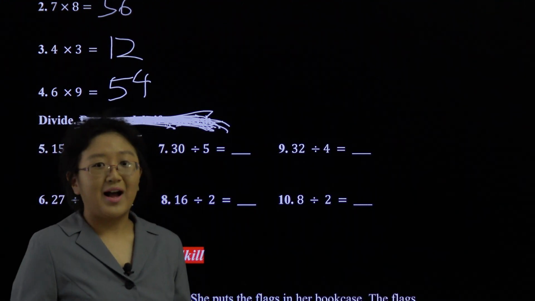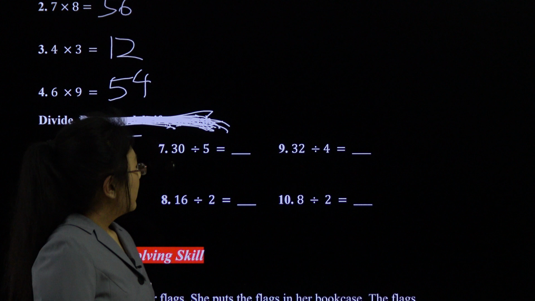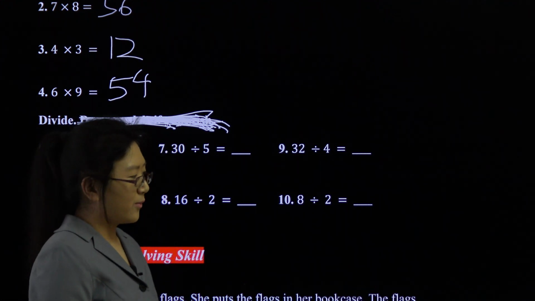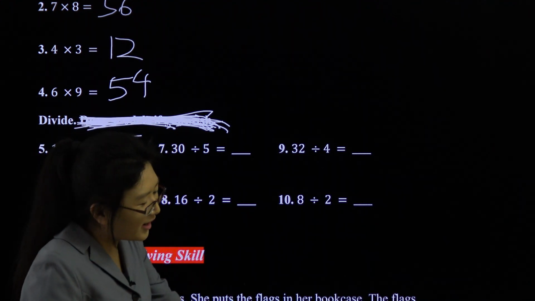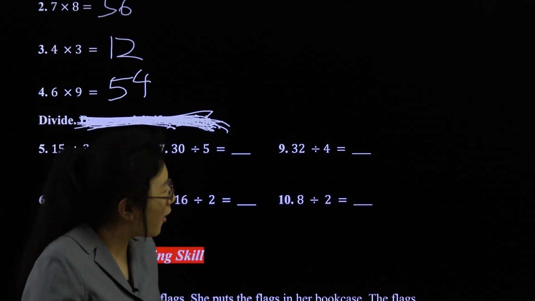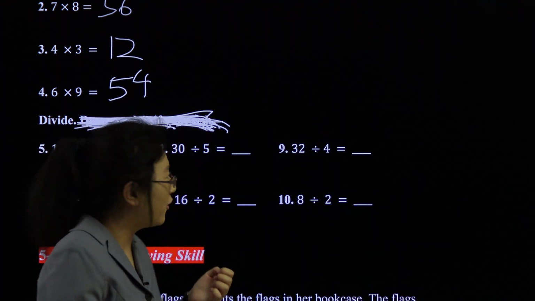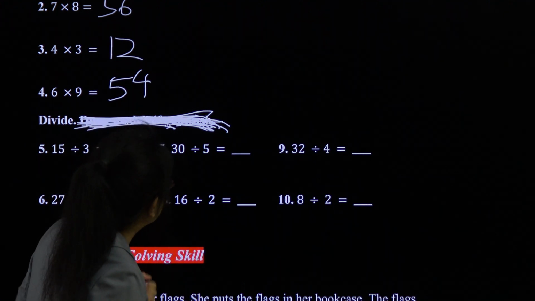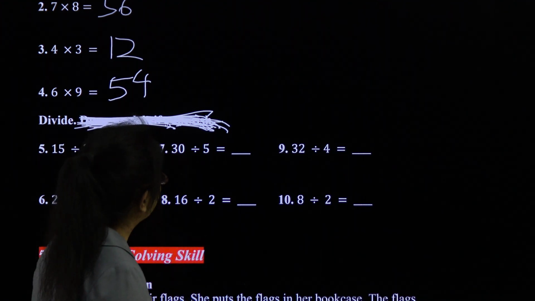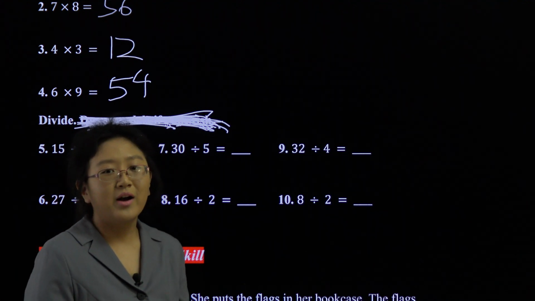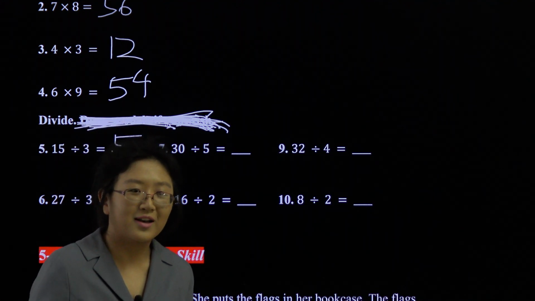30 divided by 5. You reach into the recesses of your mind again and you pull out your multiplication table and you get 5 times 6 equals 30.